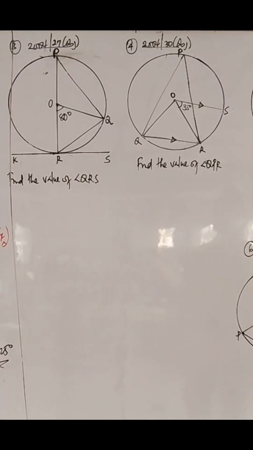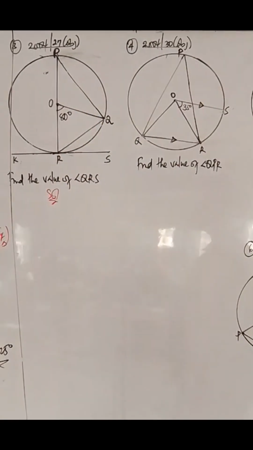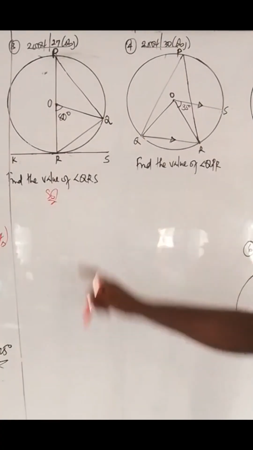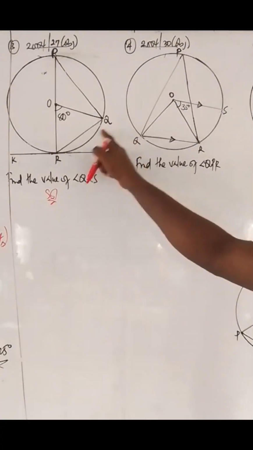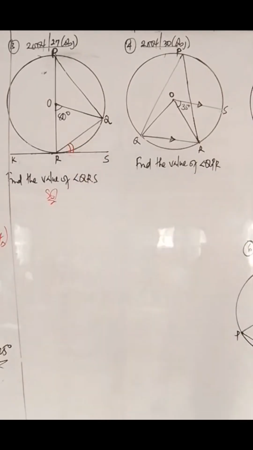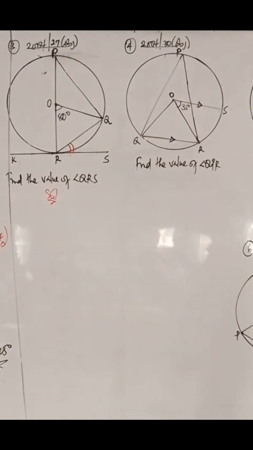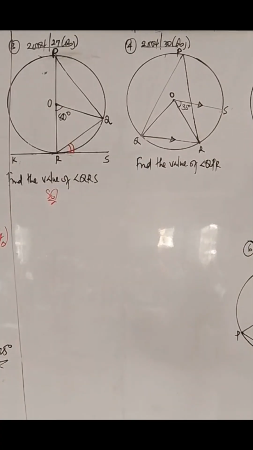Now in this particular question, still on 2004, number 27, we have to look for the value of QRS. QRS, we are looking for this angle here. So, first, anytime you see a tangent, the last theorem should come to your mind: angles in alternate segments are equal.